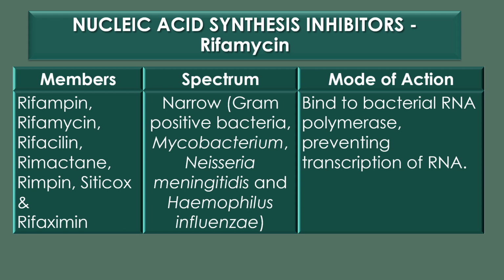And this rifamycin exhibits narrow spectrum of activity against gram-positive bacteria, Mycobacterium species like Mycobacterium tuberculosis and Mycobacterium leprae, Neisseria meningitidis, and Haemophilus influenzae. Regarding the mode of action, the rifamycin group of antibiotics bind to the bacterial RNA polymerase and prevents the transcription of RNA, and are used with other antibacterial drugs.